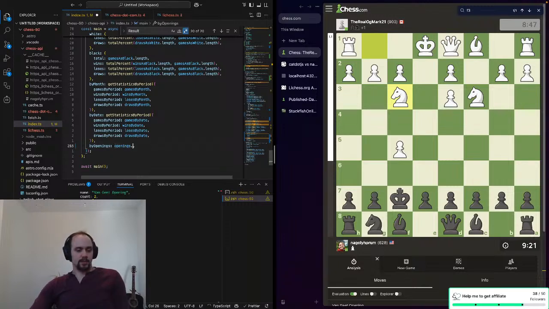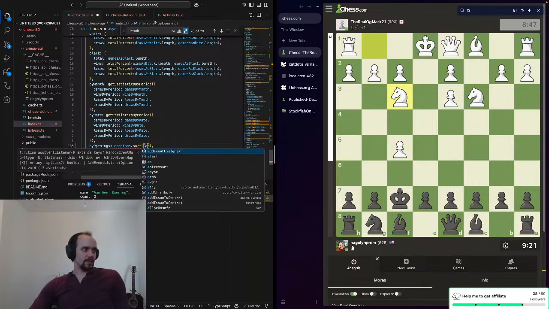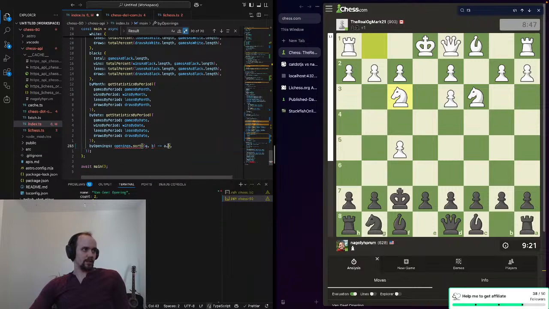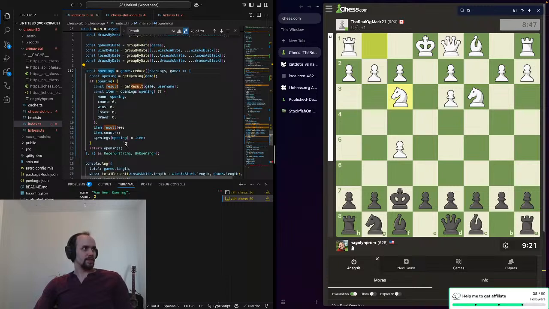Can I dot sort this? A dot count. Nice. I actually want it to be biggest to smallest. Do I? Oh, it's fine. B dot count. Possibly undefined.